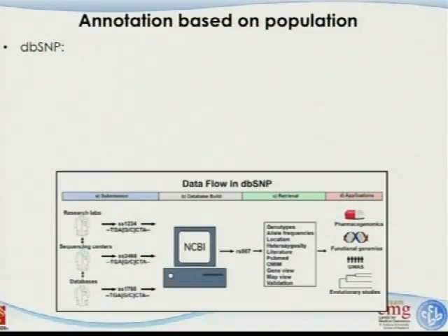The dbSNP information was submitted by different laboratories, including research labs, sequencing centers, or databases, and they all initially have an SS number, which are the submission numbers. Then they were stored at NCBI, but for each genomic locus, hypothetically, we are hoping that there will be one RS number assigned so that we can later refer to it.